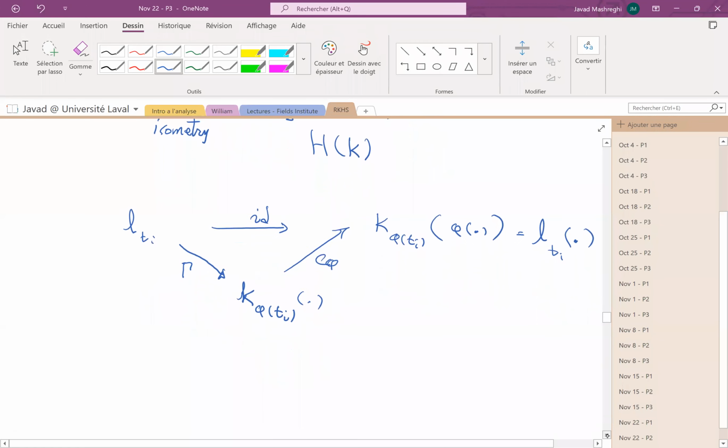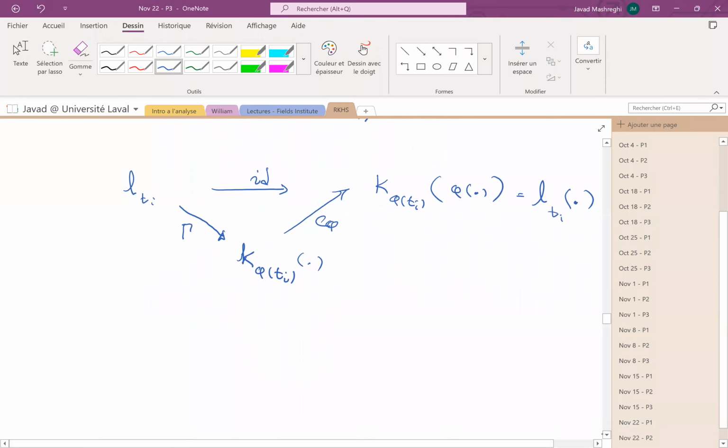And this observation helps us obtain the minimum that we talked about. So C phi composed with gamma is the identity on H of L, H of K composed with phi.